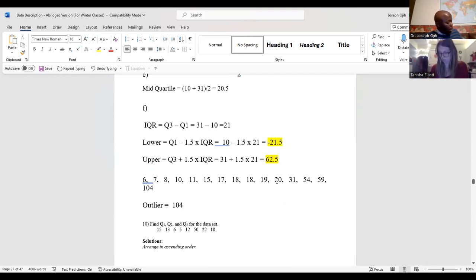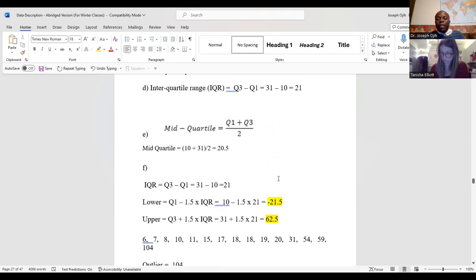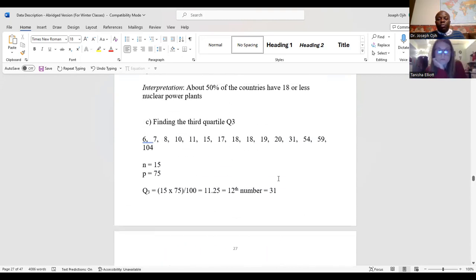Okay. Now let me tell you how you can get quartiles from Excel. Excel simplifies it. The first part is, of course, to put the numbers in Excel.